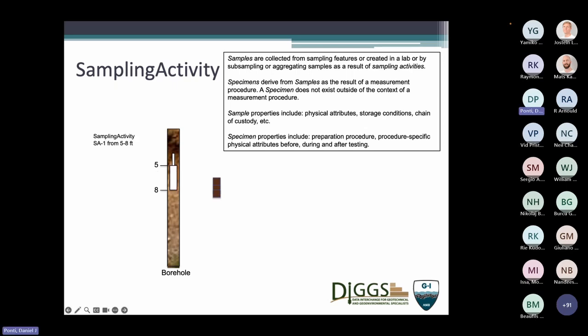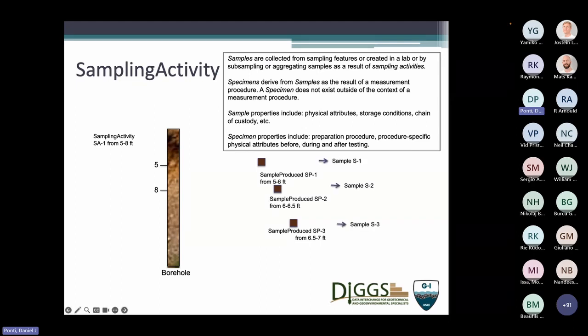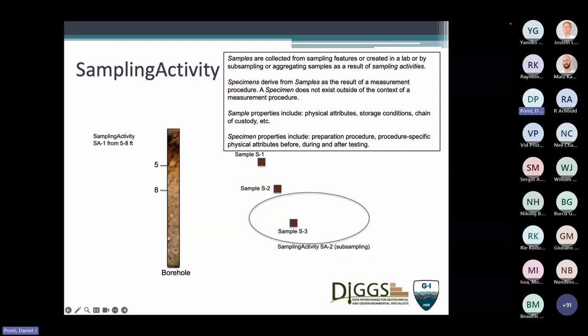That activity produces a sample or several samples. That's what the activities do. We then can subsample from those through another activity, and then those samples potentially can turn into specimens for laboratory testing. Specimens are not samples. They have different properties that are associated with the test measurement themselves.